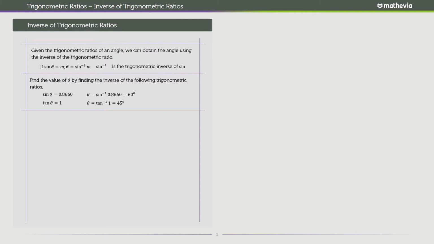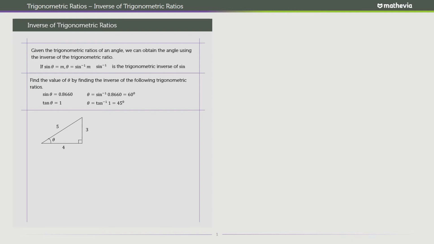Now we have this triangle here, a very common triangle, 3, 4, and 5, a Pythagorean triple, and we're looking to find the angle. To find the angle, we need the trigonometric ratio, and once we have it, we can find the inverse and then find the angle.